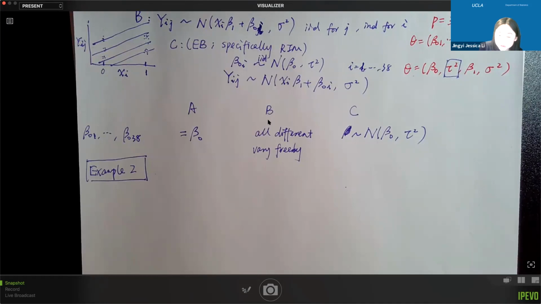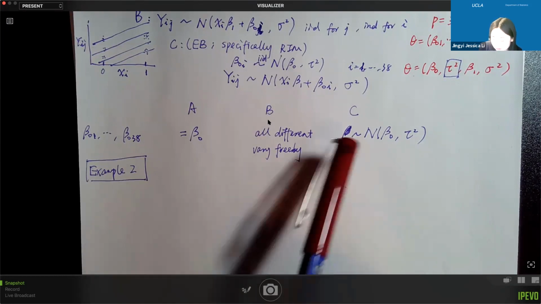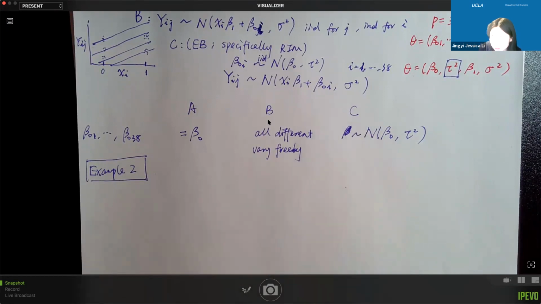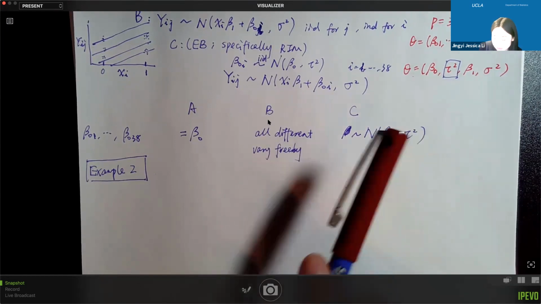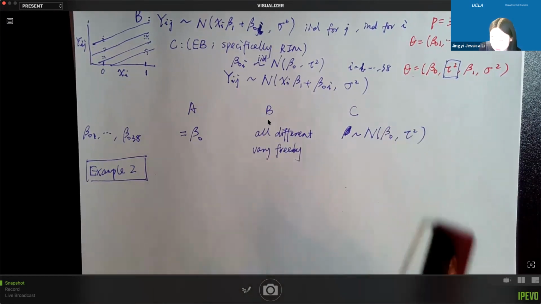So I tried to lay out as many examples as possible to give you enough motivation so that you think, okay, this is reasonable. And as Evan asked, it seems to be a sacrifice, right? You have to sacrifice some parameters for estimation so that you can estimate the parameters of your interest efficiently.